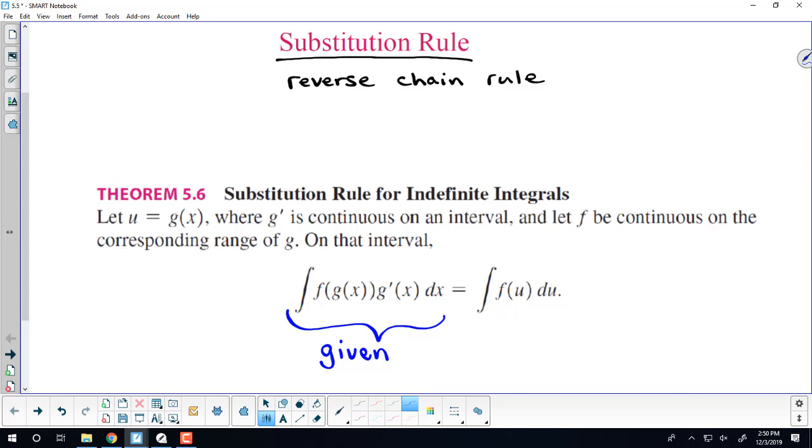What we're going to do is make a substitution so that a more complicated integral that we're trying to figure out gets translated into a lot more simple of an integral. The u being g of x is this inner function here. So that turns into this.